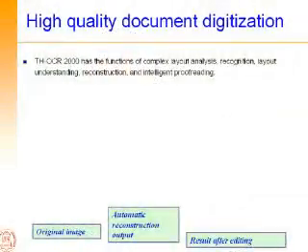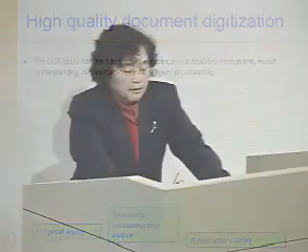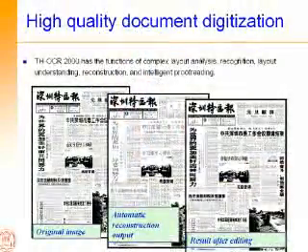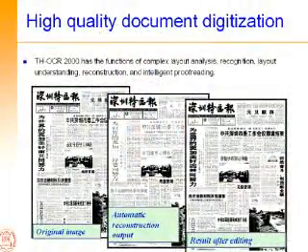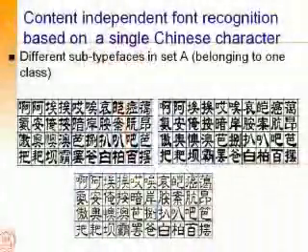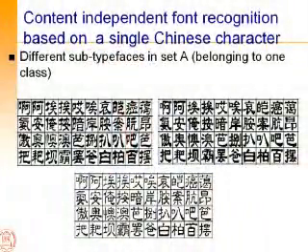This is the result, the newspaper, automatically analyzed, then reconstructed on the left. On the right is the reconstructed document. This is the original result like this. In China now, a lot of newspapers have been digitalized into databases. So this uses our system.